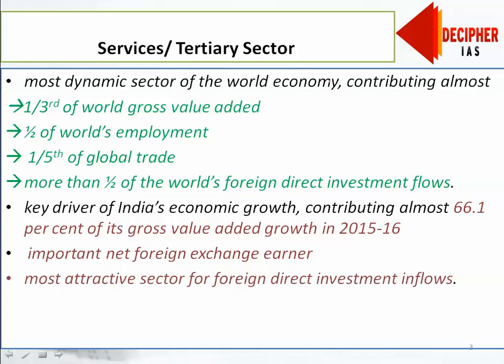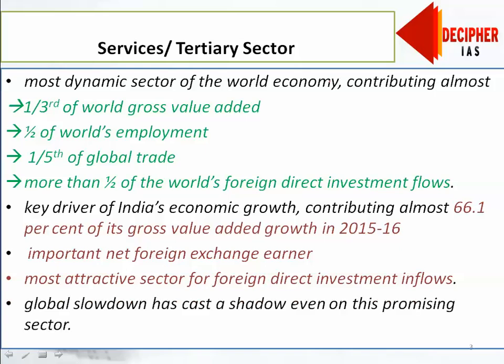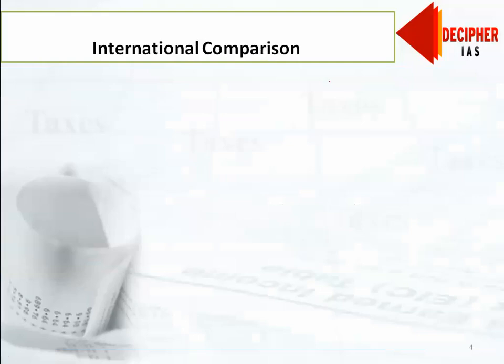Now it is also most attractive sector for FDI inflows. Okay, but of late the global slowdown has put a problem for this promising sector. Like the demand has reduced, which has led to decrease in the total output provided by this sector. So let's move on to the next slide.